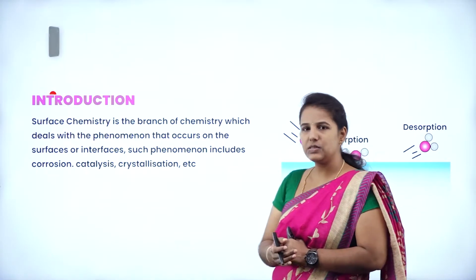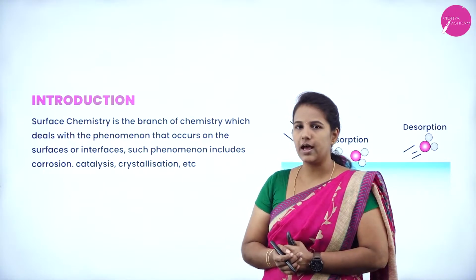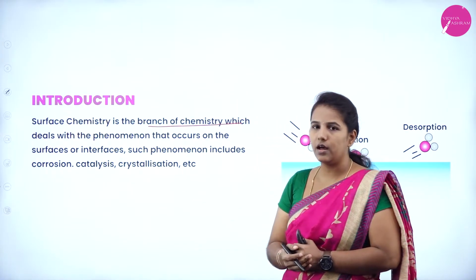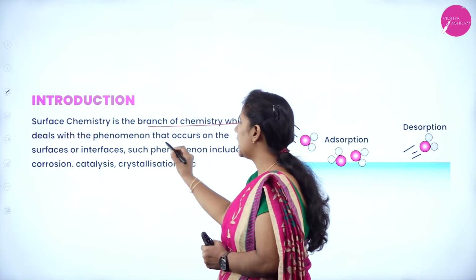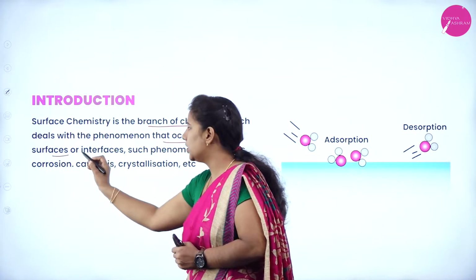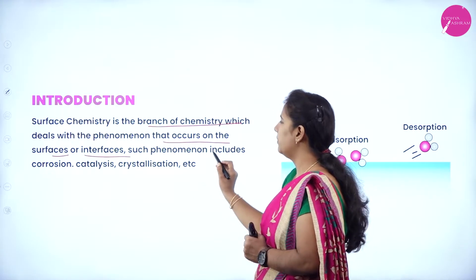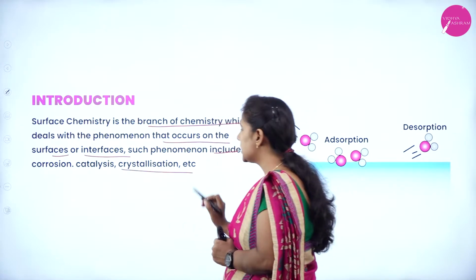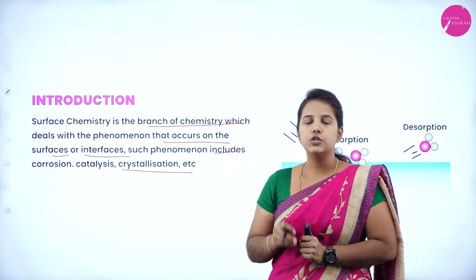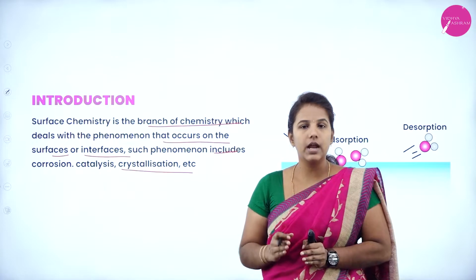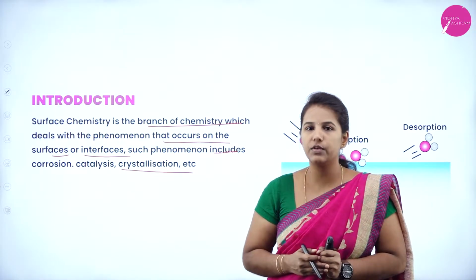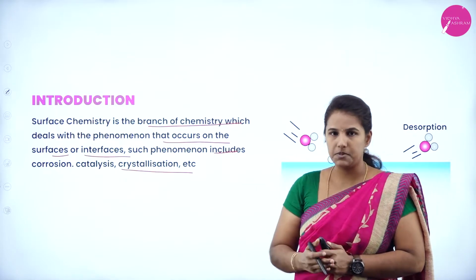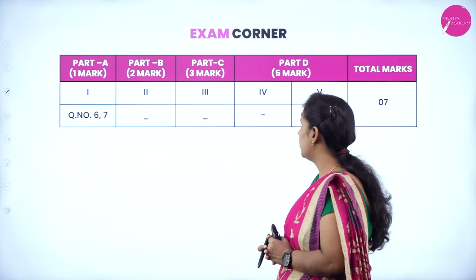As we have already understood in the concept class, surface chemistry is a branch of chemistry which deals with the phenomena that occur on the surface or the interface, and such phenomena include corrosion, catalysis and crystallization, etc. So in this unit, you are going to study more about the surface phenomena which take place in different types. Let us see the weightage of this unit.